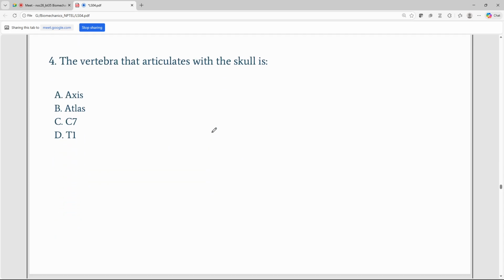Next question. The vertebra that articulates with the skull is which of the following? Axis, atlas, C7, T1.